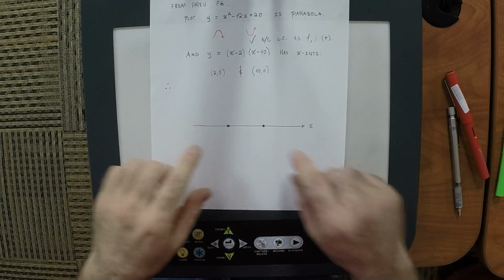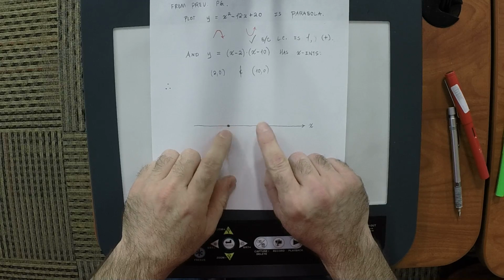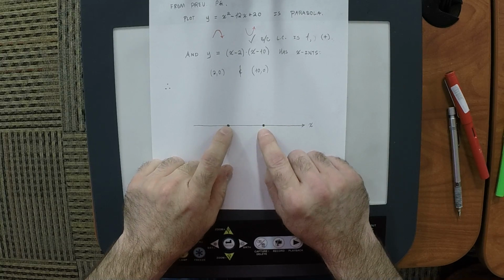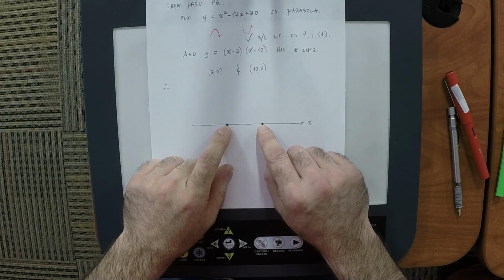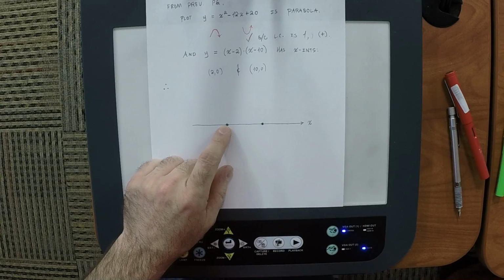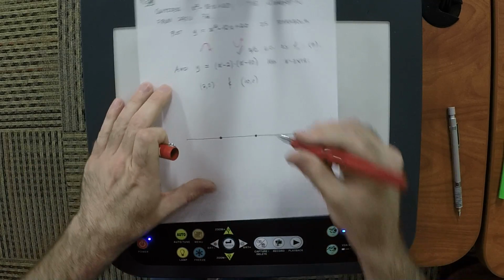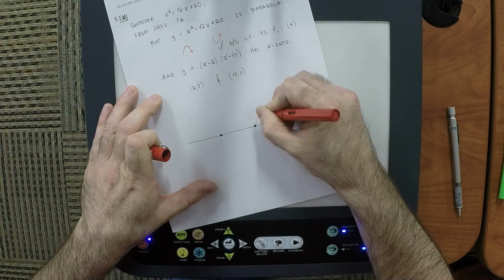Parabolas have bilateral symmetry. Because we have 2 points at the same height, that means that, in fact, where must the lowest point in the parabola be? Right in the middle of them. So that's enough to give you a really pretty reasonable sketch for what's going to happen.